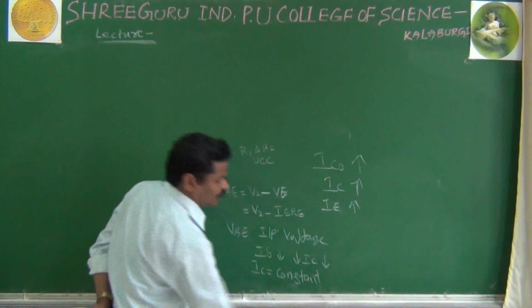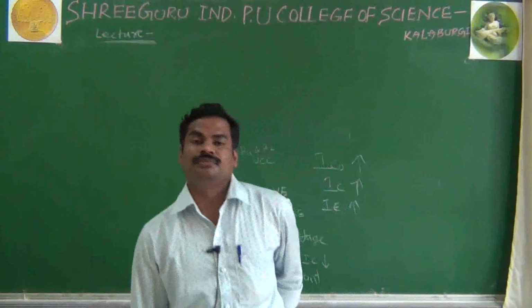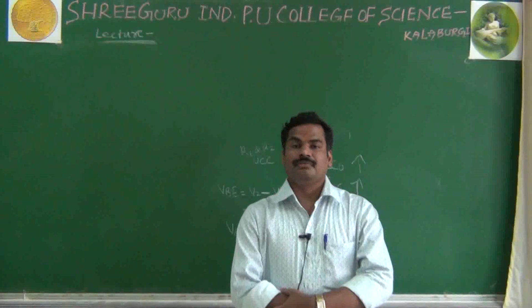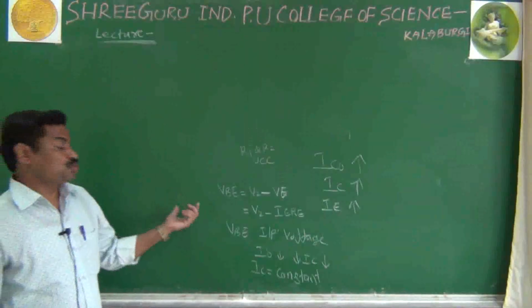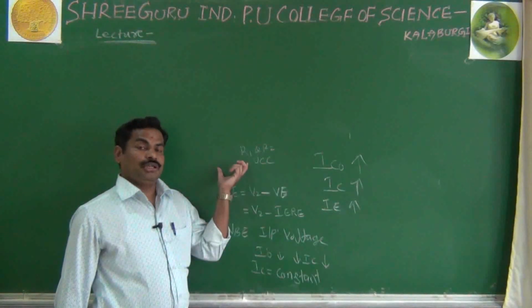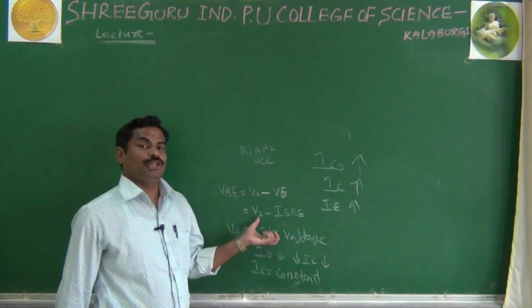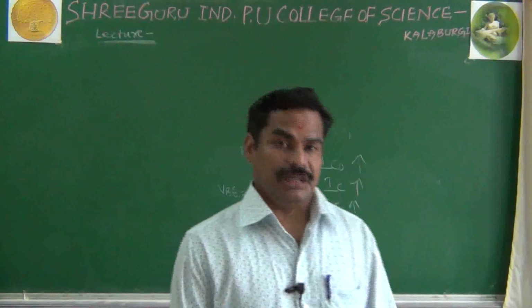Yesterday I discussed it already. It means we are using voltage divider biasing to get stability in the Q point and also stability in the current. If the temperature or beta changes, the Q point still stays in the middle of the active region.